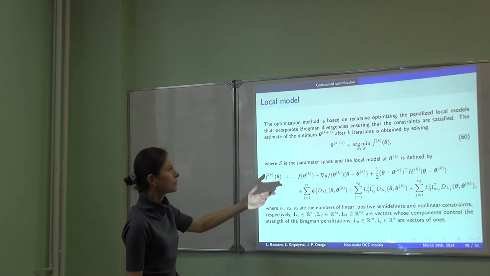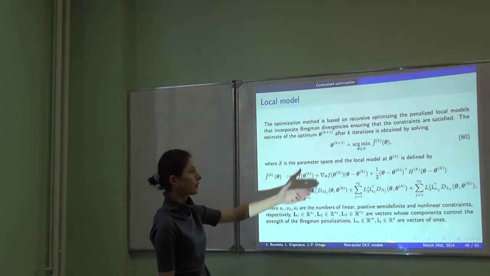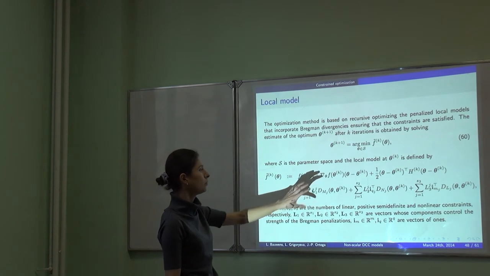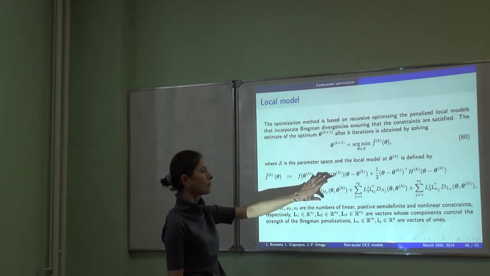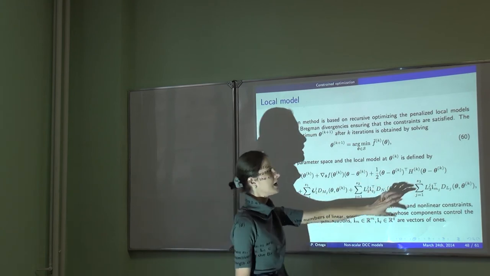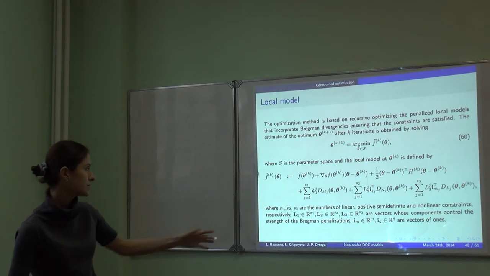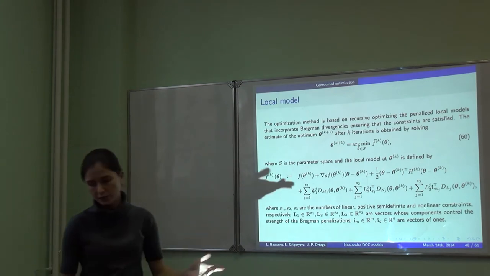So we can always write down our optimization problem in the following way, where we have the group of positive semi-definite constraints, the group of nonlinear constraints, and the linear. So if our model has a few groups of constraints, we can incorporate them and put it to work.